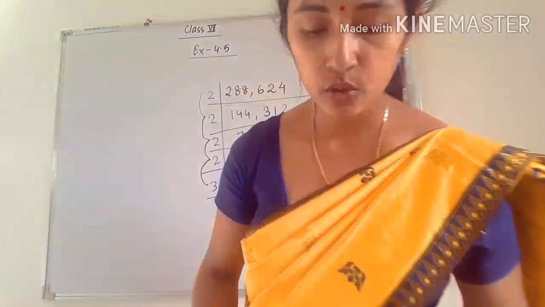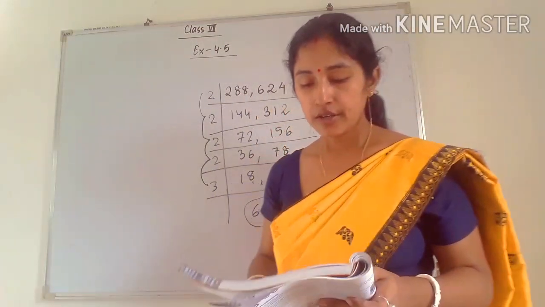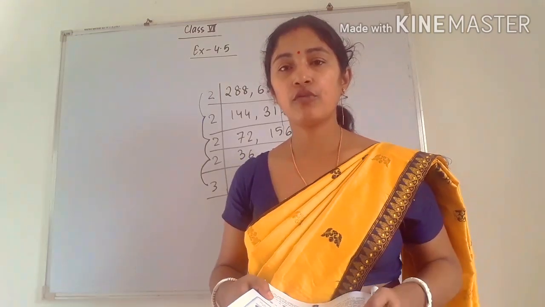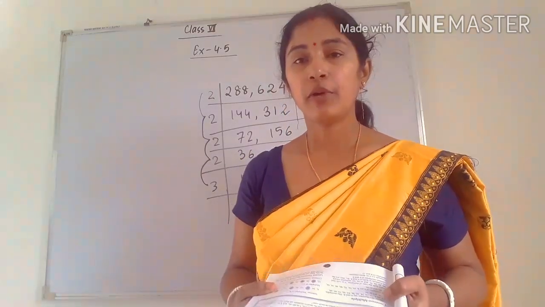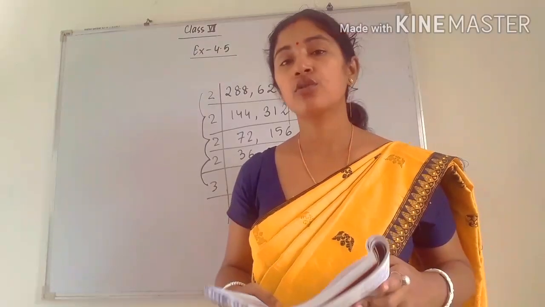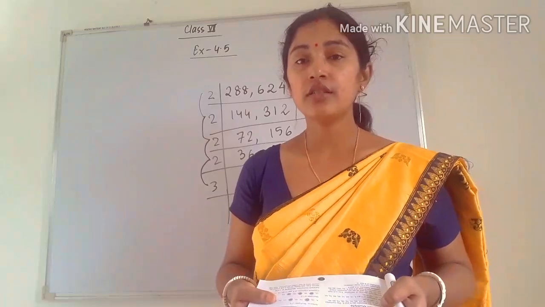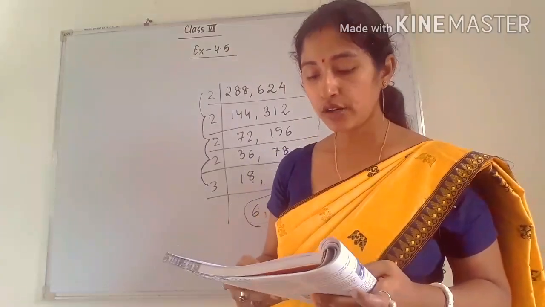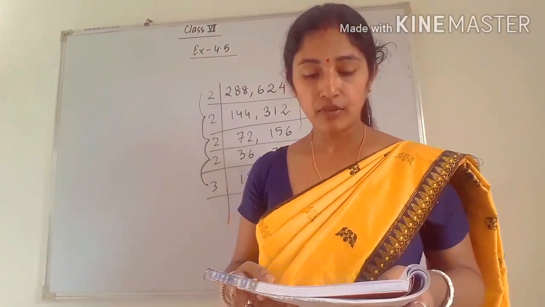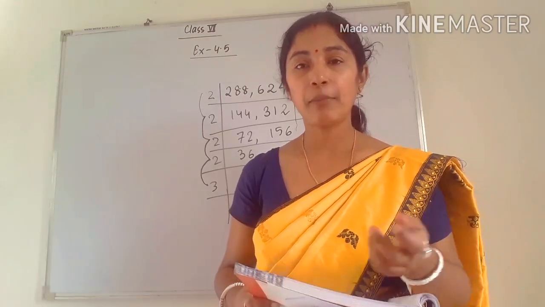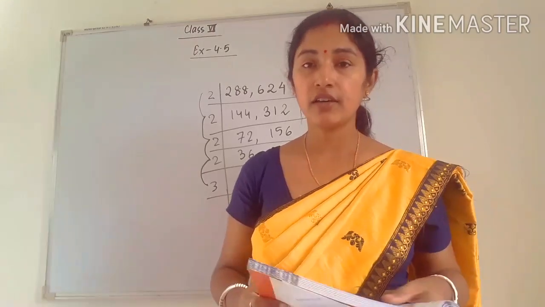So for the remaining questions from 7 to 10, the process is same, that is you have to find the HCF. By doing these questions, you came to know that HCF can be useful in these ways. For example, in question number 6, the number of oranges and apples are given.